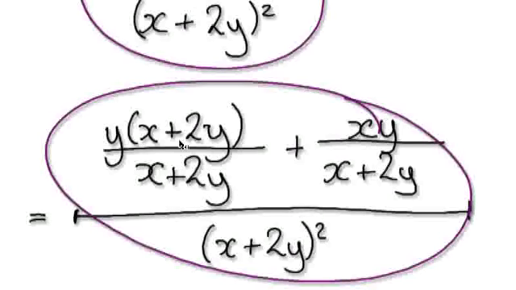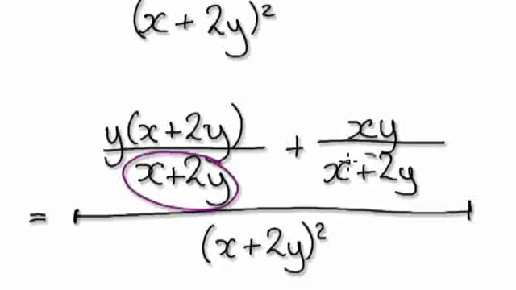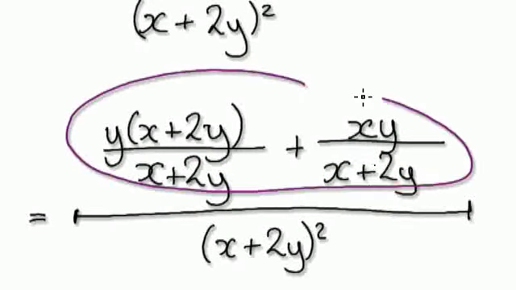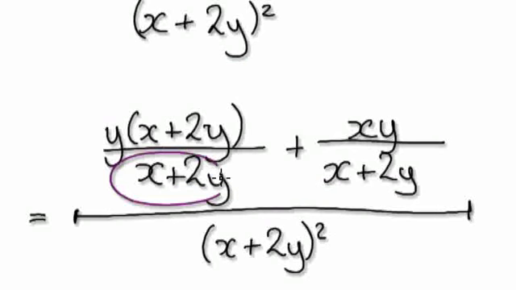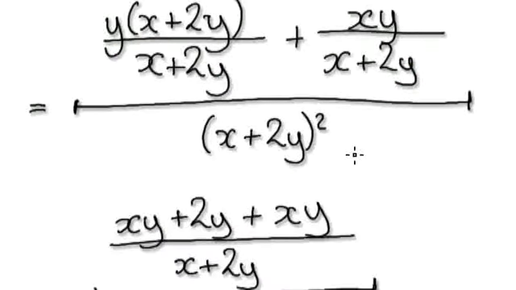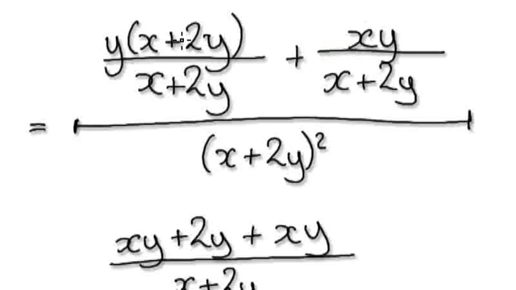Okay, but the good thing is that the two denominators here are the same. So our aim here is to merge these two fractions together. Now the two denominators here are the same, so we can now merge. So remember, this times this here, that's this bit here. This times this, it should be y squared here.